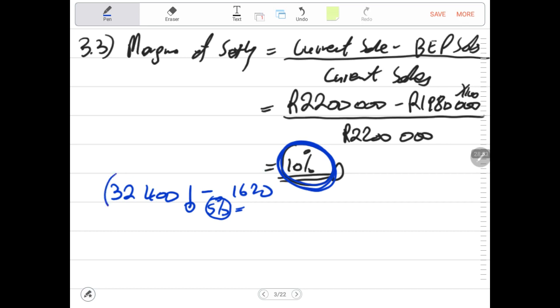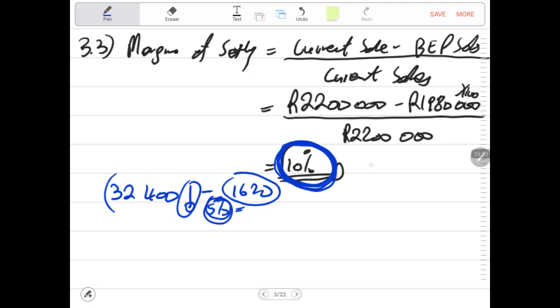The decrease of sales by 5%, meaning 1,620, is still below the 10% margin of safety. So margin of safety is the level by which sales can decrease and the company still be making a profit. But immediately when the sales decrease by 10%, the company will be exactly at the break-even point.